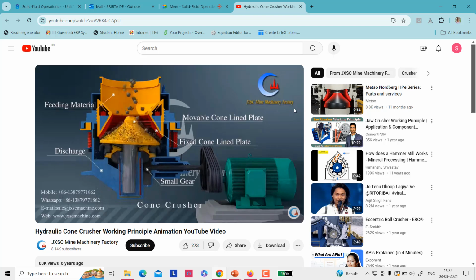Here no jaws are there, so that is why it is not called jaw crusher, rather it is called the cone crusher.